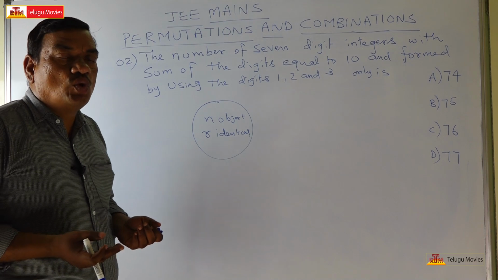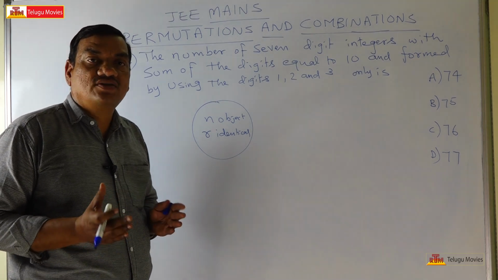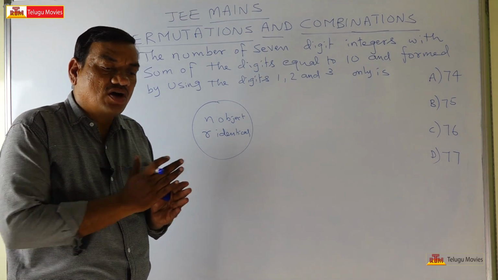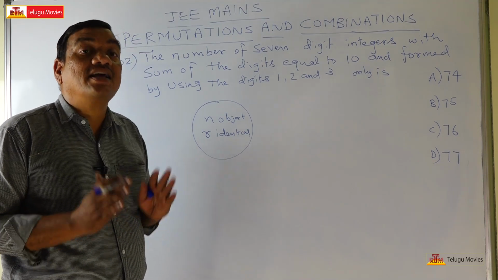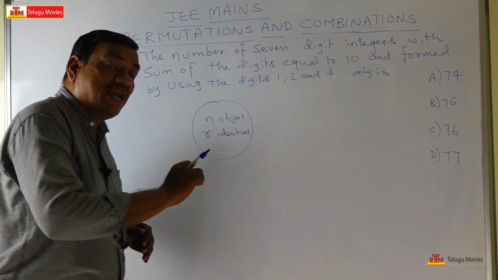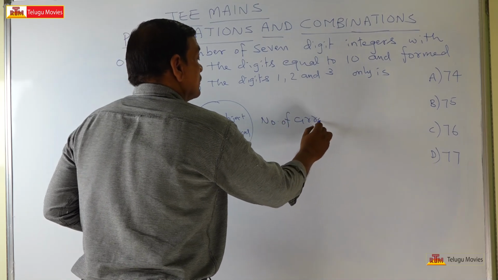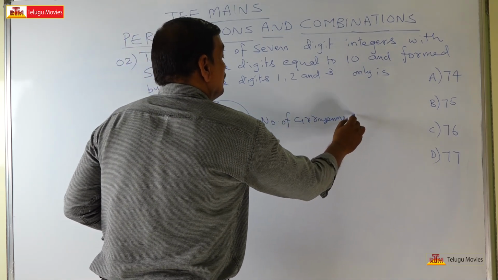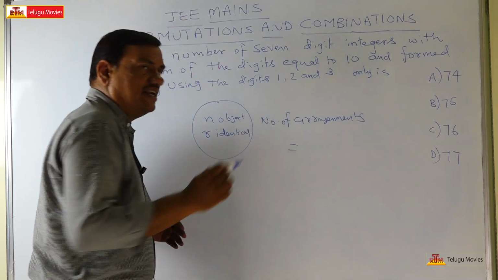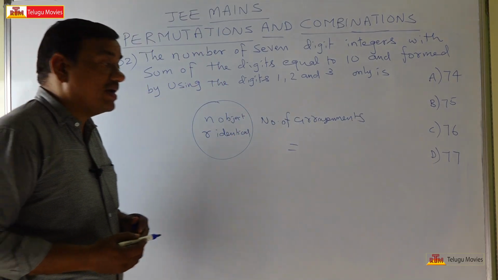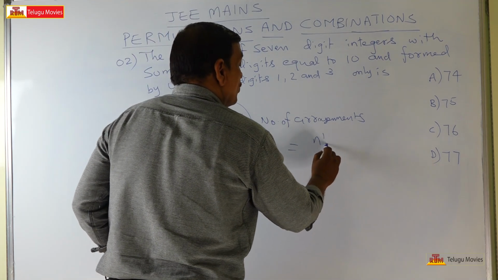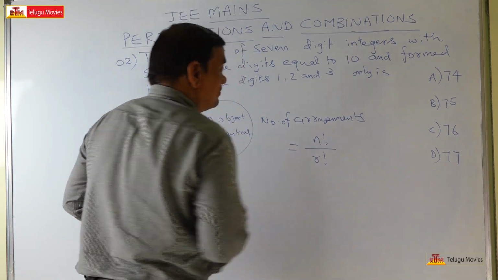Just like in our school, we have twin students, triplets. They can be arranged in linear arrangements, and the number of arrangements is given by the formula n factorial by r factorial.